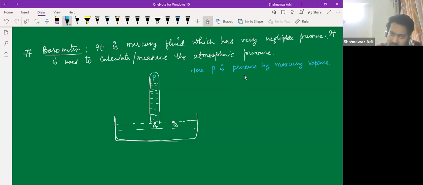So this P would be how much? Zero, because the pressure exerted by the mercury vapor is very low. So this pressure is zero.